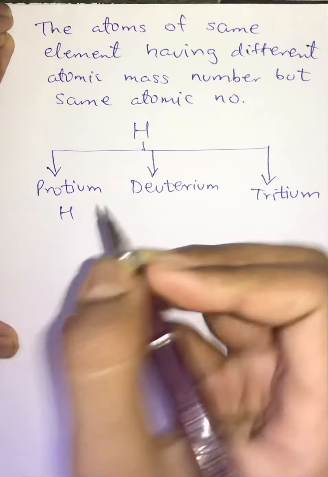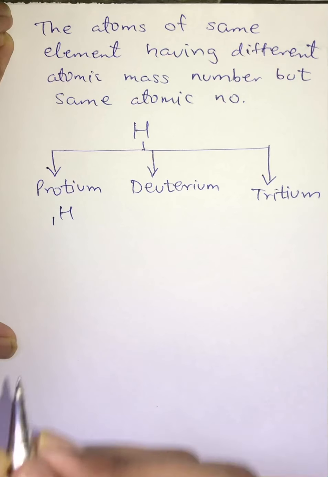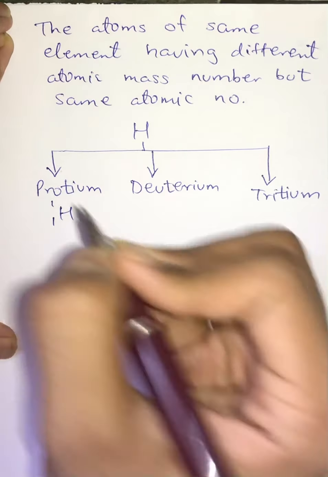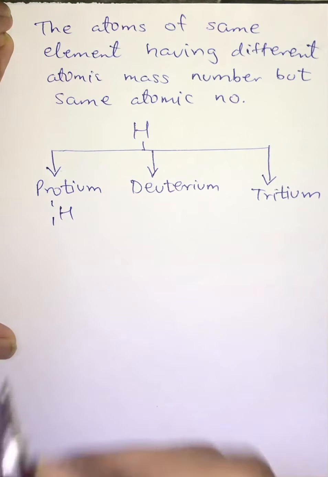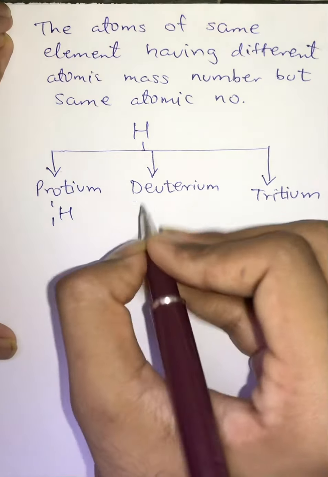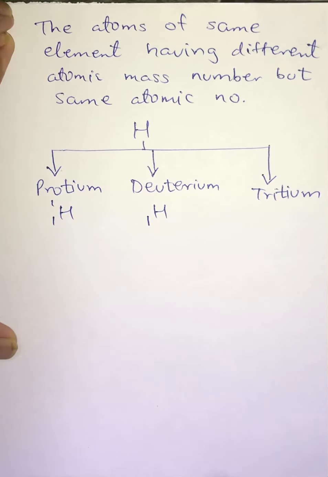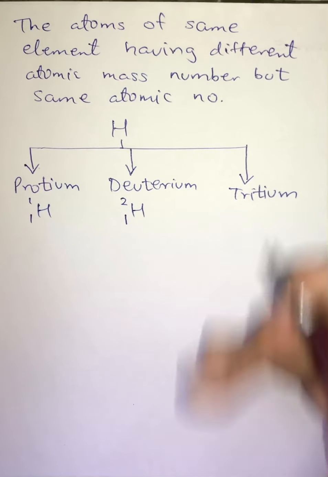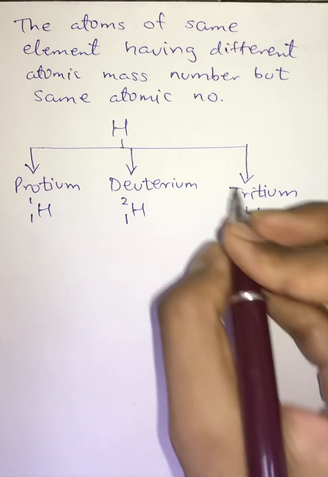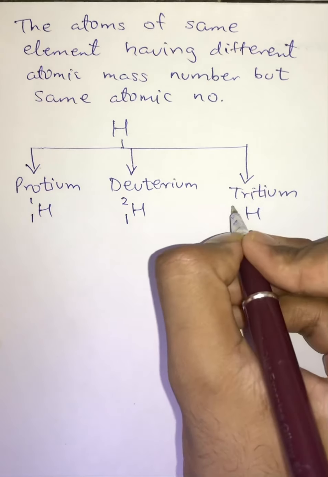The protium has atomic number 1 and its atomic mass number is also 1. As you all know, we write atomic number below and atomic mass number on the top. And deuterium has atomic number 1 but atomic mass number 2. Now tritium again has atomic number 1 but its atomic mass number is 3.